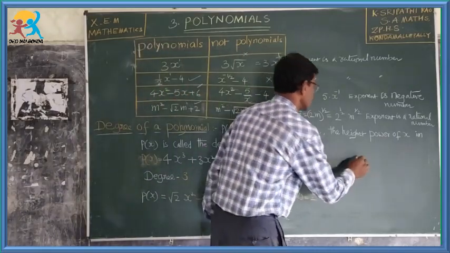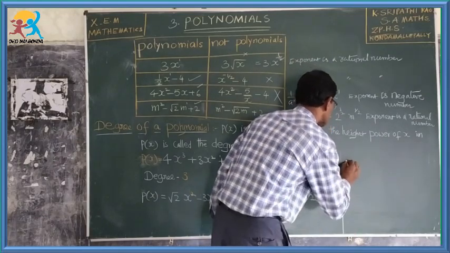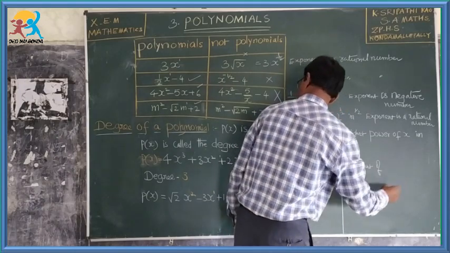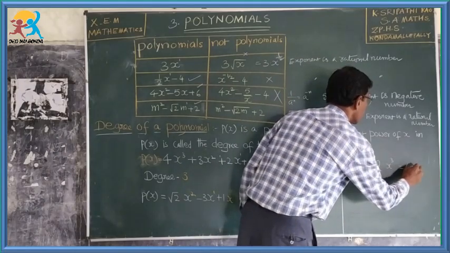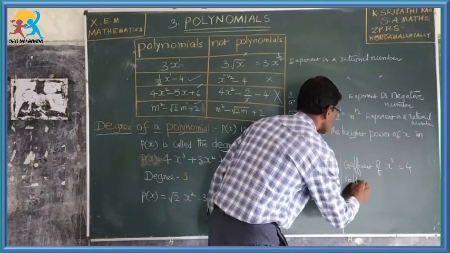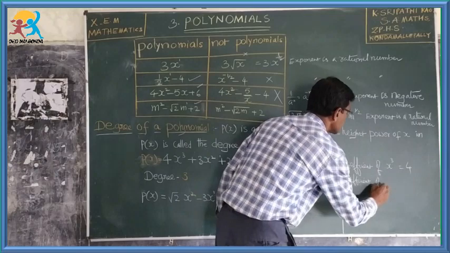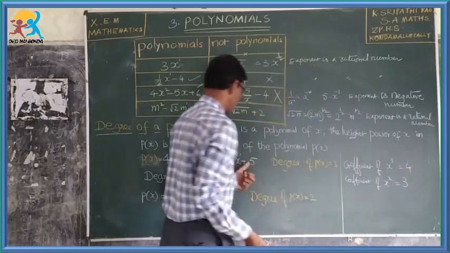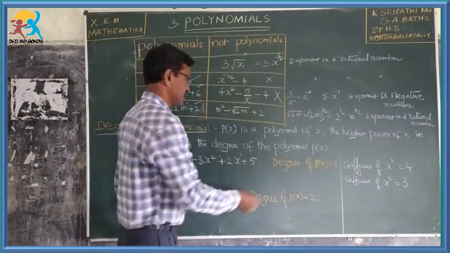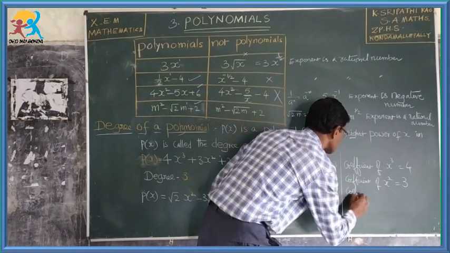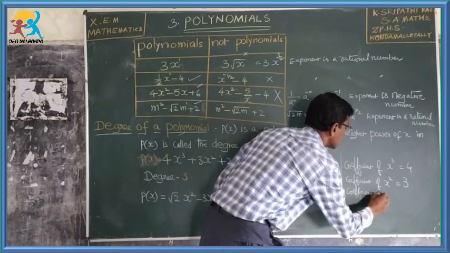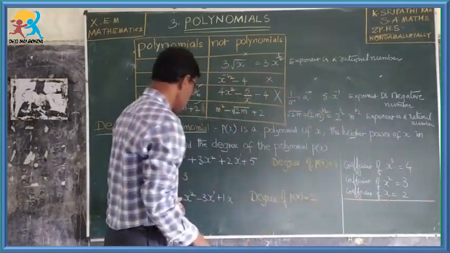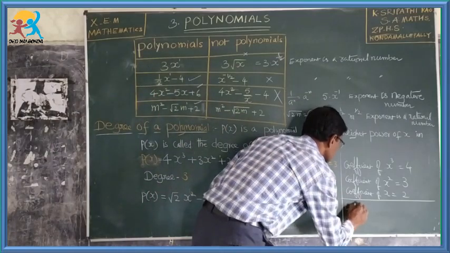So the question may be asked like this also: coefficient of x cube is 4, coefficient of x square in this polynomial is 3, coefficient of x is 2.